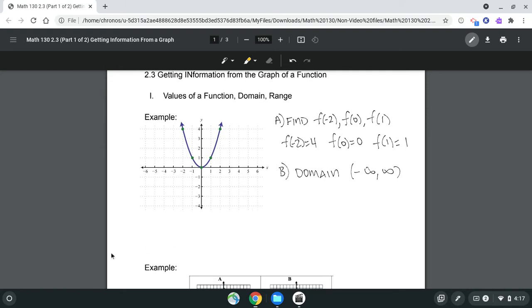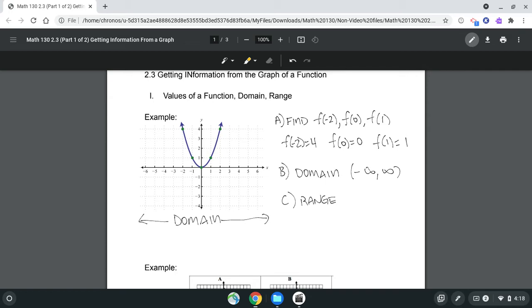Whereas range, when we look at the range of this function, then we're talking about the vertical space, right? Let me go ahead and draw it out. Here, our domain is our horizontal space, and we see that all of it is being used horizontally.